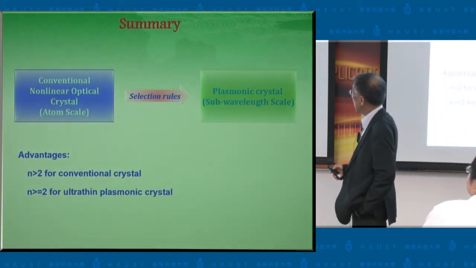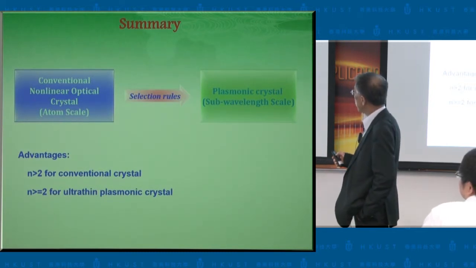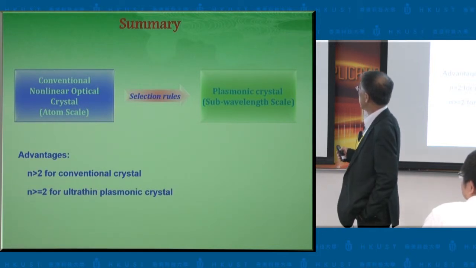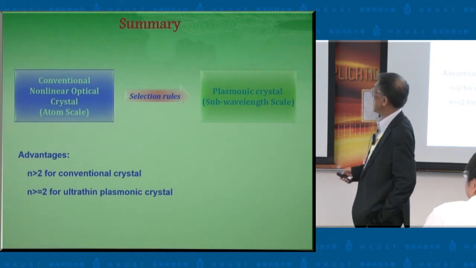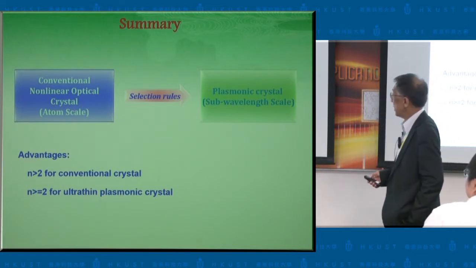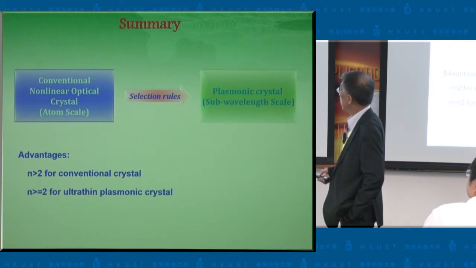So summarizing that, the selection rule of the higher harmonic generation in the plasmonic crystal, using the metal surface, in fact has a very similar or almost identical rule to that of the conventional nonlinear optics in condensed solid state material.